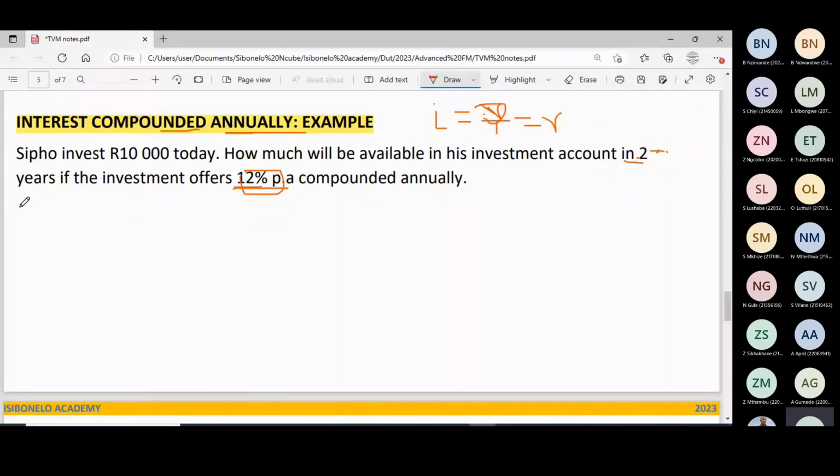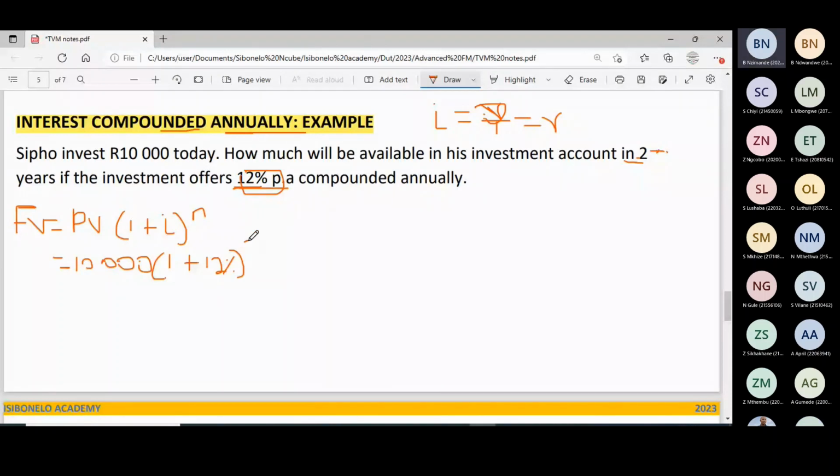So now, interest compounded annually. Future value equals PV, which is the present value, into 1 plus I exponent n. So present value is 10,000 into 1 plus I, the annual rate is 12%. So you take that as it is, and then n is 2 years.